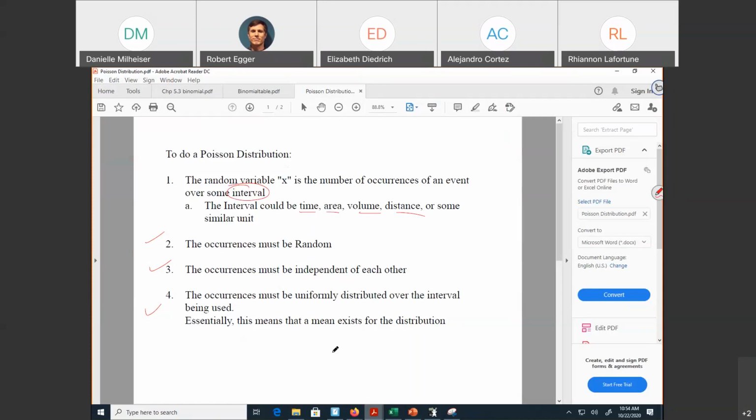Another interesting thing, and I'll do that on the next one. Okay. Now, to do a Poisson, if the occurrence is over an interval, all right.